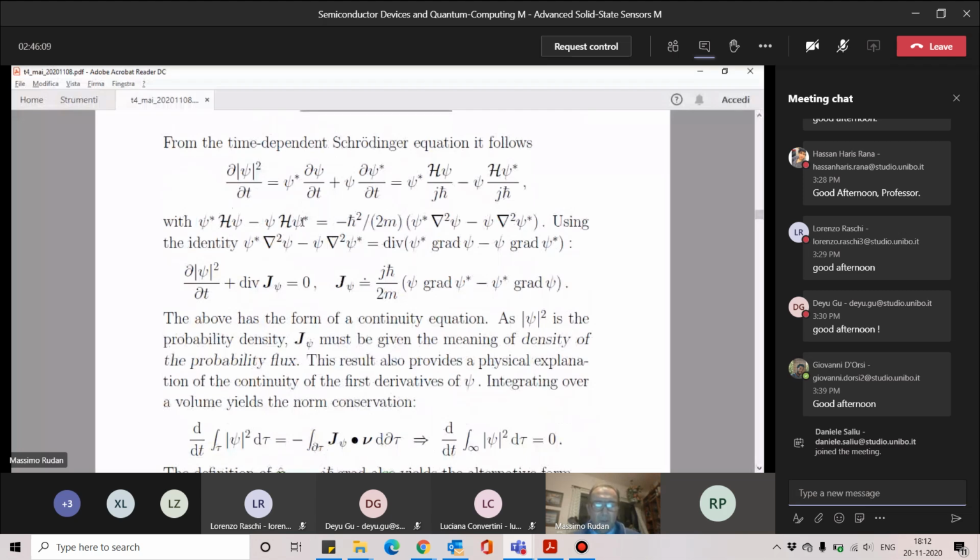The part of this calculation in which the potential energy appears is purely multiplicative, so that two terms cancel each other. So we are left only with the kinetic part. The kinetic part, you remember, is minus ħ squared over 2m Laplacian. And here we have minus Laplacian of psi star.